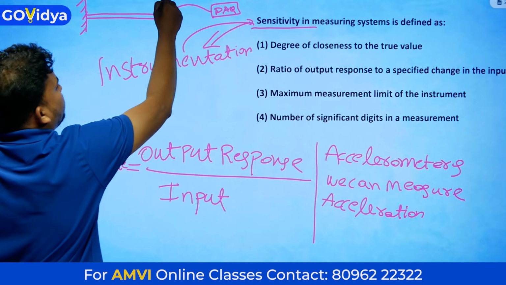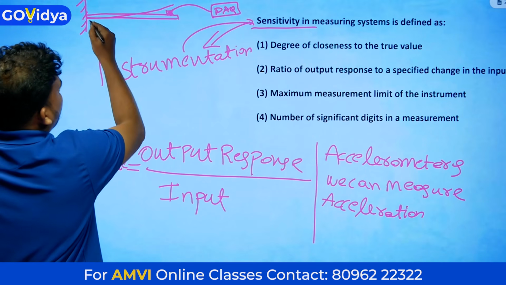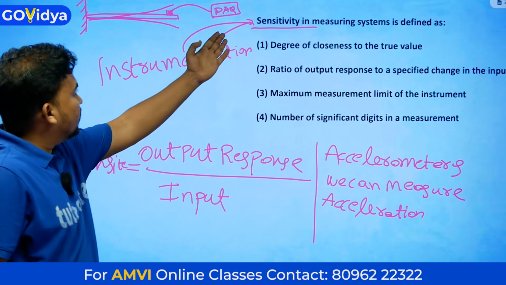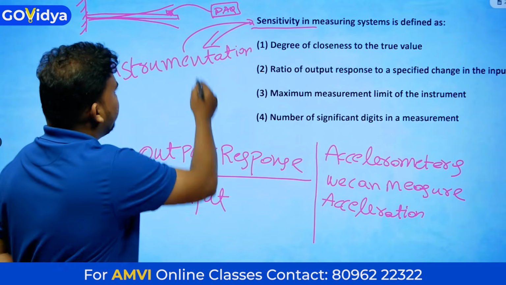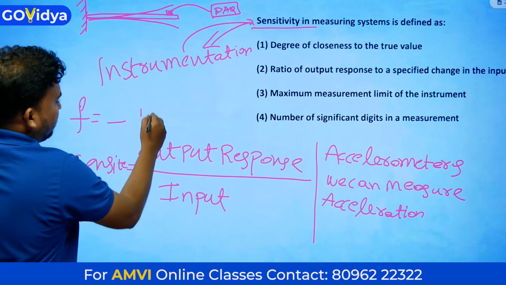If I disturb this system, it will vibrate with a to-and-fro motion about the mean equilibrium position, so the data acquisition system will process this data and give me the frequency value in hertz.